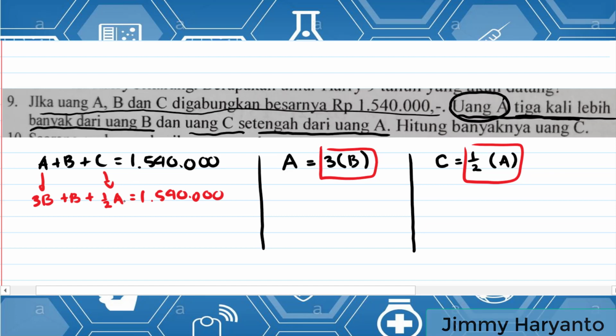And then we have A right here. It can change again, so we add this 3B plus B into 4B plus half in the bracket A, change it with 3B, ya, 3B equals 1.540.000.